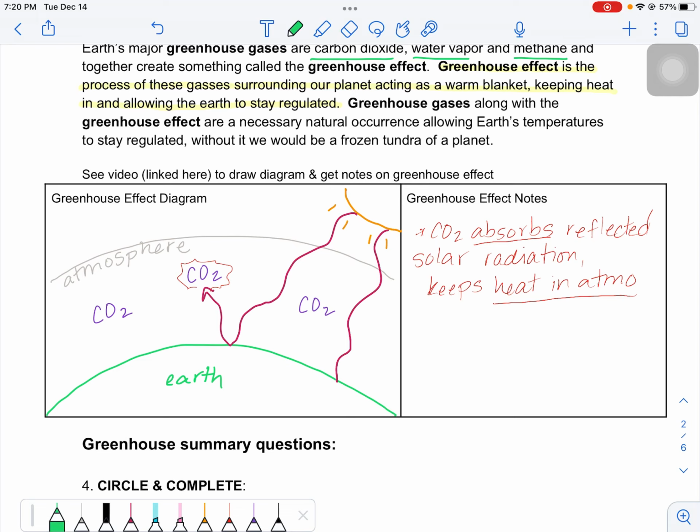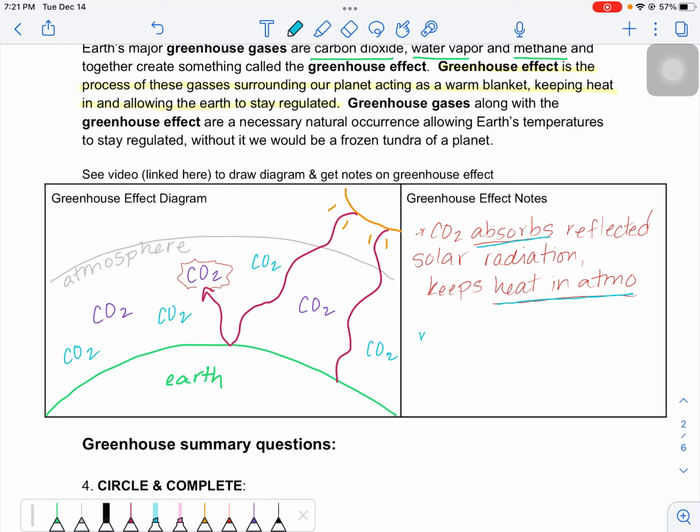But the problem comes when we start to get more CO2, right? The more CO2 that appears in the atmosphere, the more that is absorbed, the more heat is kept in. So that's what we have to keep in mind. If we're getting too much CO2 over time, then we're seeing a negative impact from the greenhouse effect.